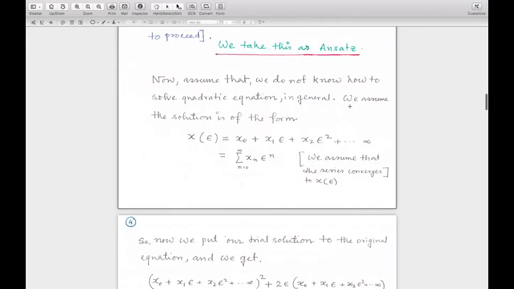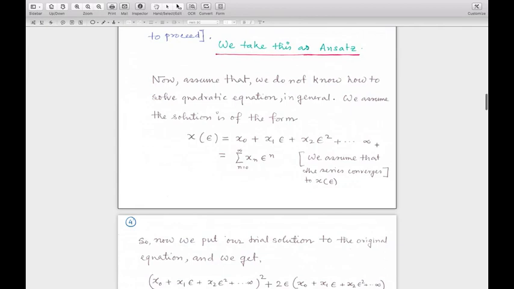Now we assume the solution of the perturbed equation is of the form x of epsilon equal to x0 times epsilon to the power 0, and that is the unperturbed solution. So x minus x0 will now be a power series of epsilon starting from epsilon to the power 1, simply given by x1 epsilon plus x2 epsilon square up to infinity.